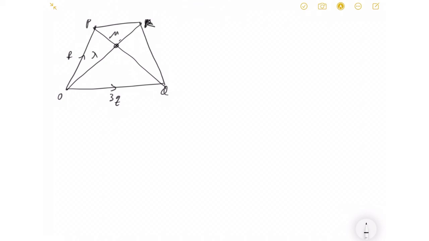So what I want to do is to find the value of lambda and mu. Okay, some other information must be given. PR to OQ, let's say the ratio is 2:3, right? I think that should be sufficient. So we put a 2, this is a 2Q here. Okay, sorry, my diagram is a bit too high. I cannot write above here.